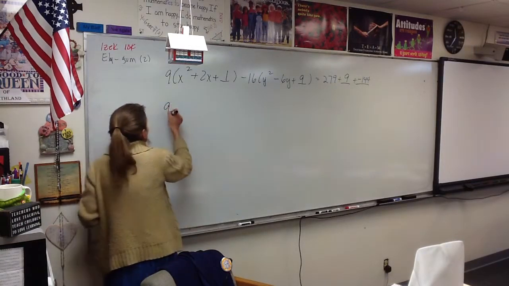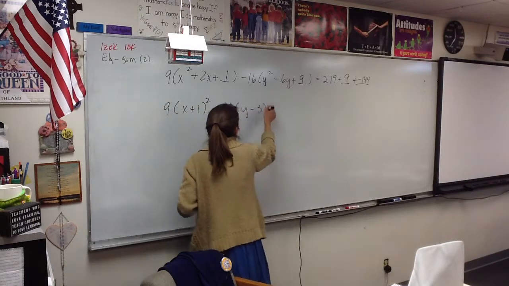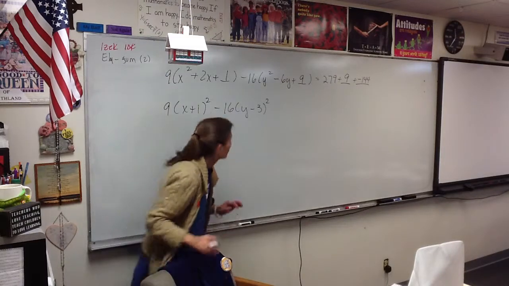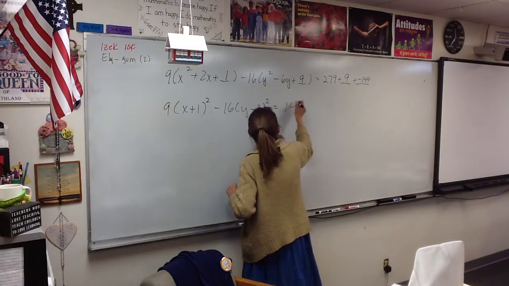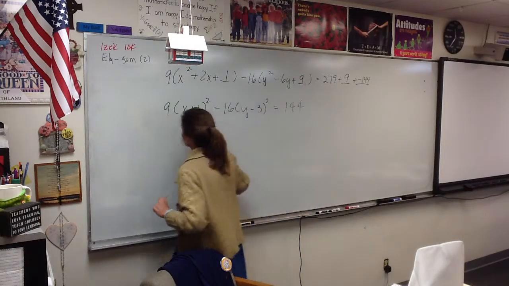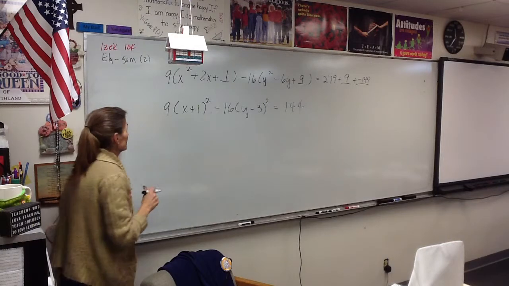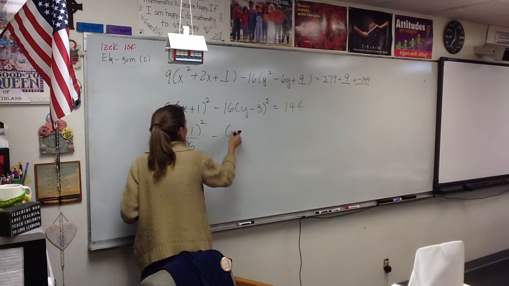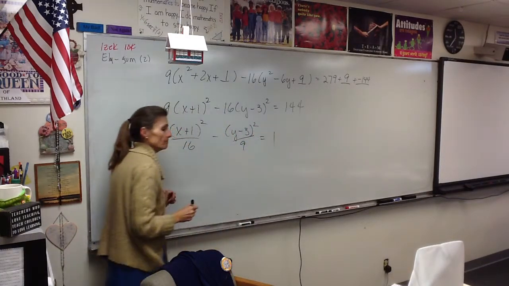Okay, so I've got 9, x plus 1 squared, minus 16, y minus 3 squared. Did I factor out my negative correctly? Yeah. Equals, another perfectly rigged problem. So when I divide, I get x plus 1 squared over 16, y minus 3 squared over 9 equals 1.